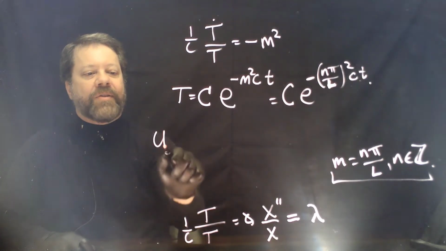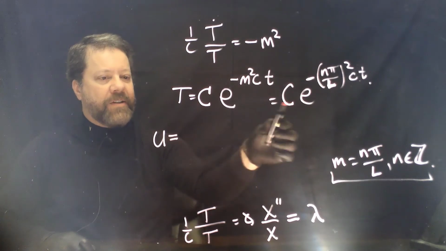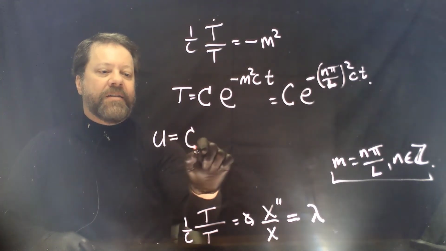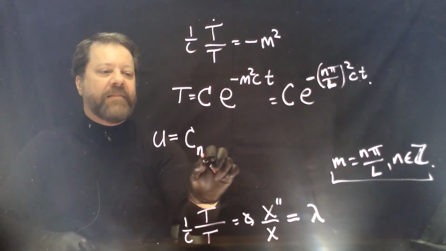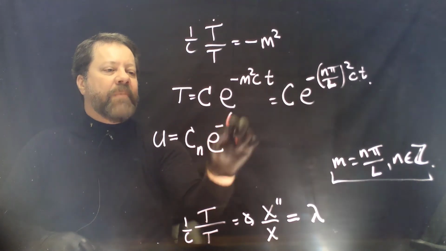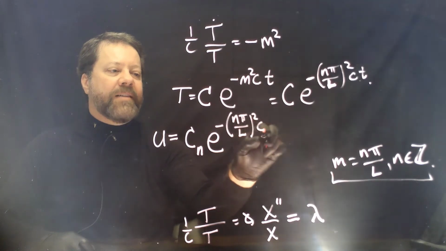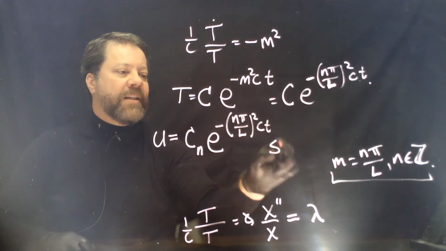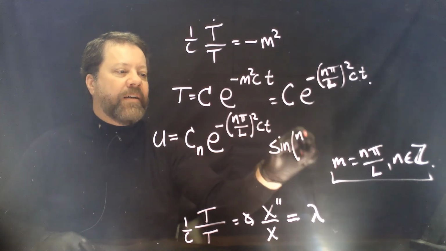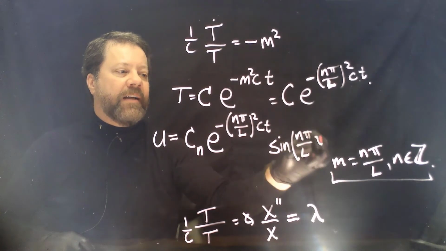That gives us our solution. We can combine the two constants as a single constant, which I'll denote as Cn, e to the minus n pi over L quantity squared c t times the sine of n pi over L x.